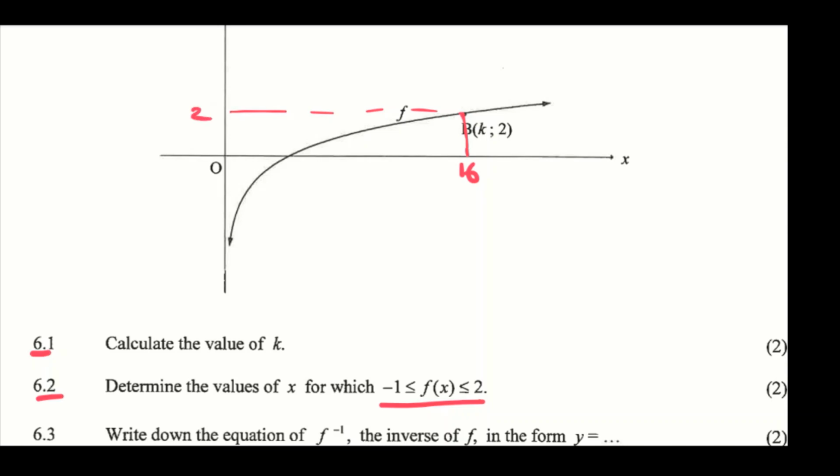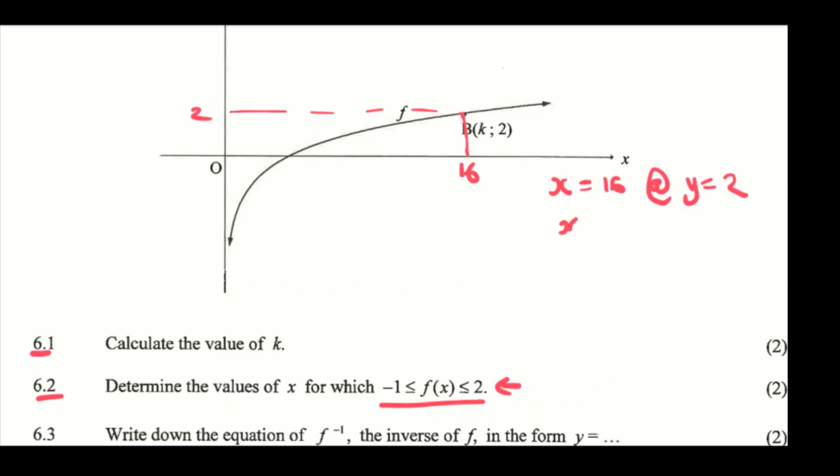So if you look at this restriction here, it says that the value of y lies between 2 and minus 1, right? So meaning that we want a value of x now, because we already know the value of x is equal to 16 at y is equal to 2, right?